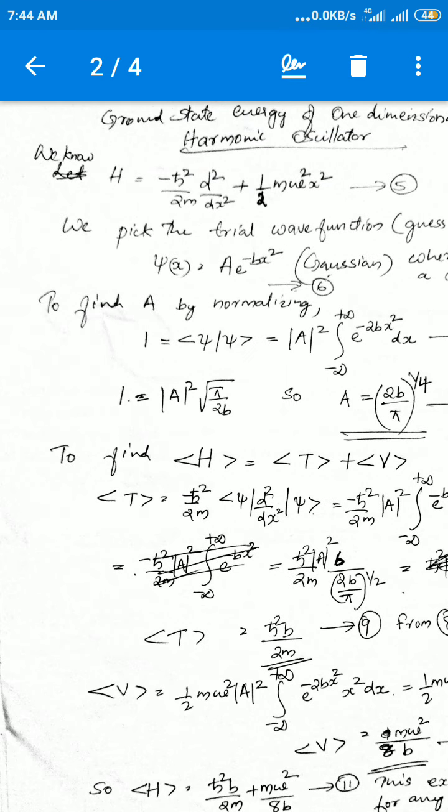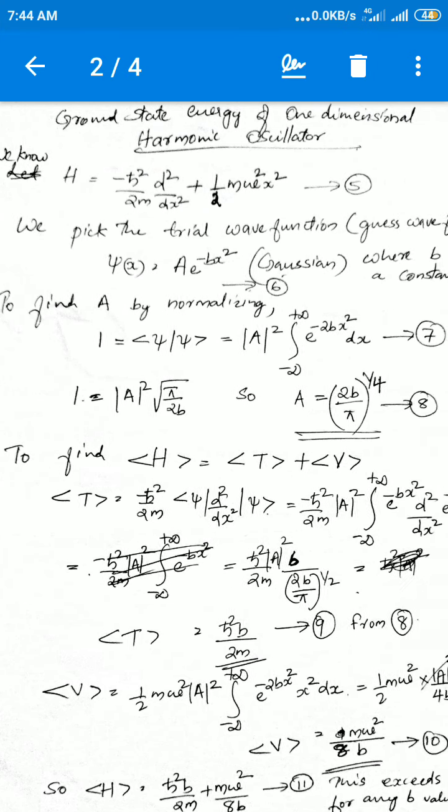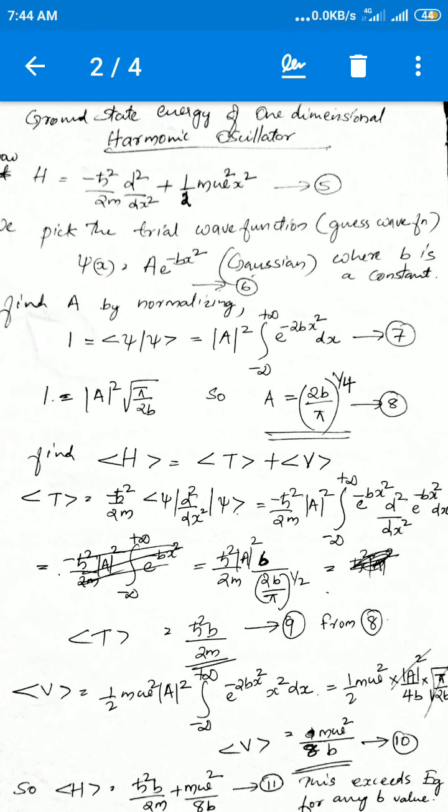By normalizing we get psi star psi inner product is equal to 1. When you substitute for psi bra and psi ket, you will get a modulus square. A comes 2 times, because even if it is a complex quantity, it will come as c star c, isn't it?